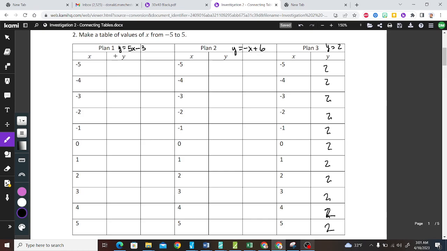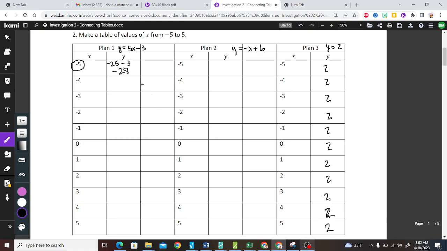However, over here in the first one, if you want to, you could take the negative 5 and put it in for the x. Negative 5 times 5 is negative 25. Minus 3 gives us negative 28.